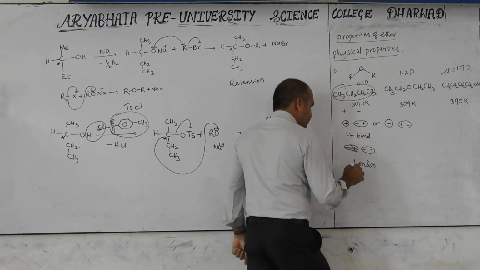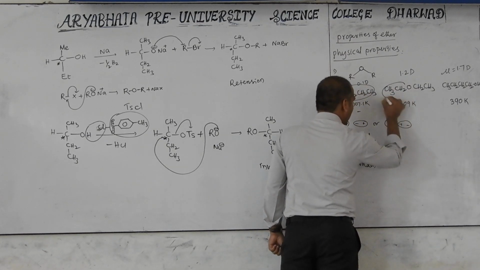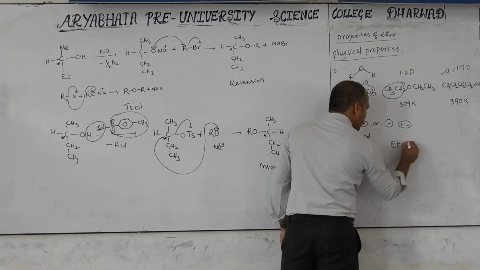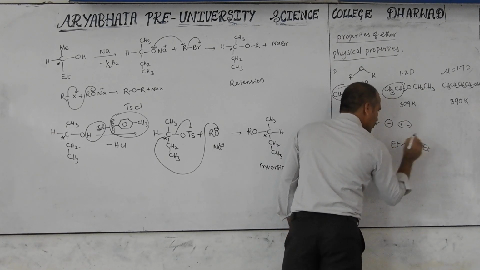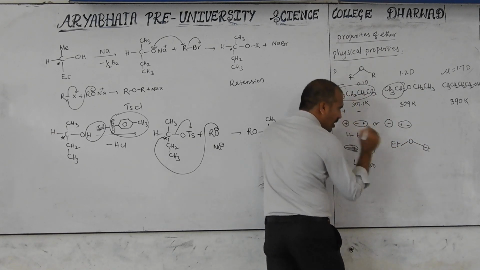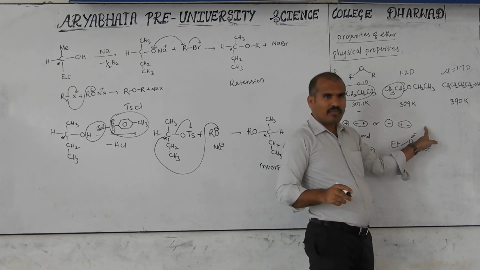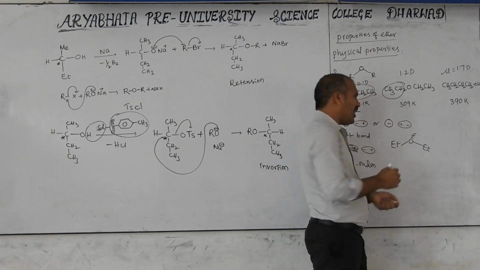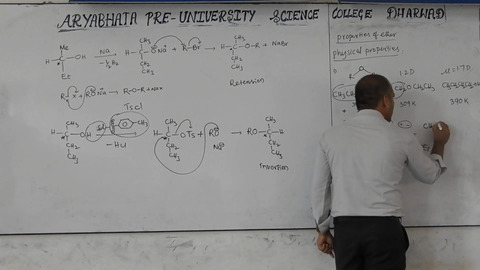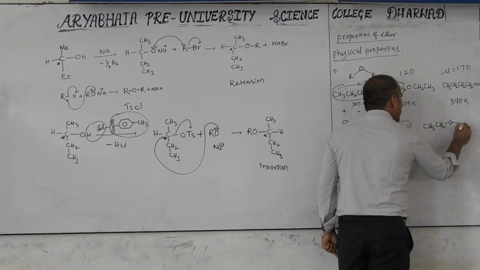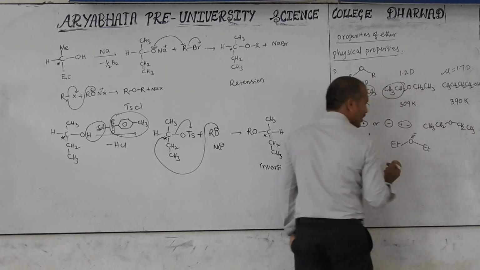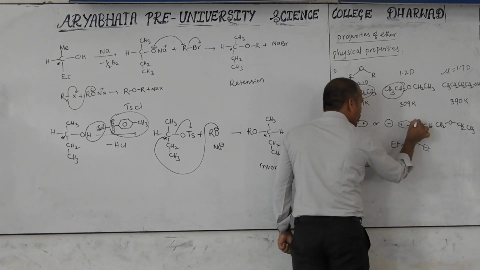Reason: see, I wanted an ethyl group here, and this is ethyl. To form a hydrogen bond, a polar hydrogen is required. In this ether, CH3, CH2, O, CH2, CH3, another ethyl, this hydrogen is not polar hydrogen.